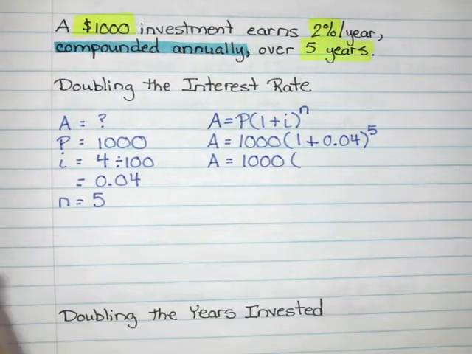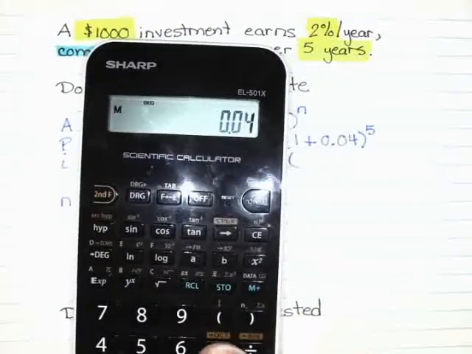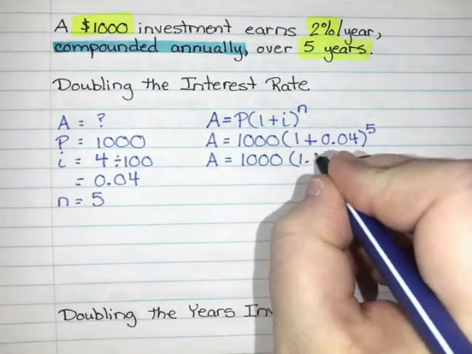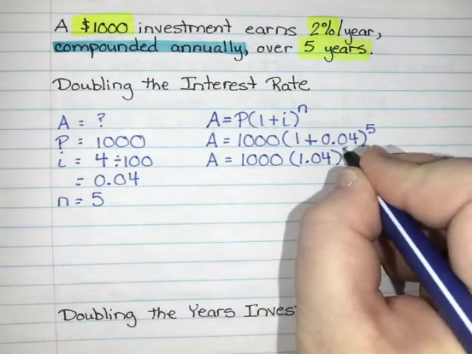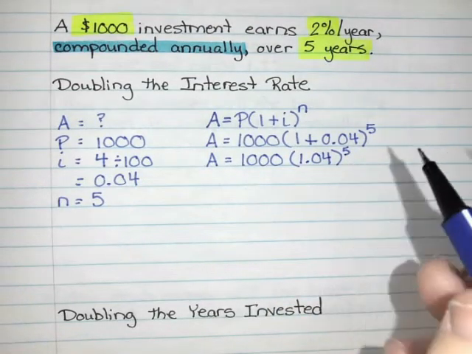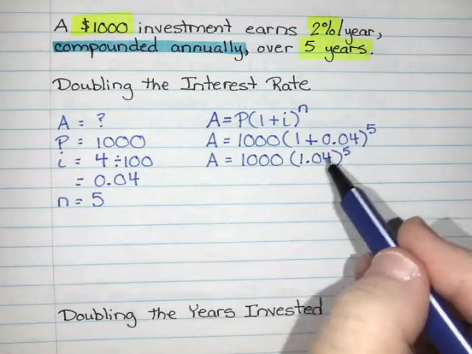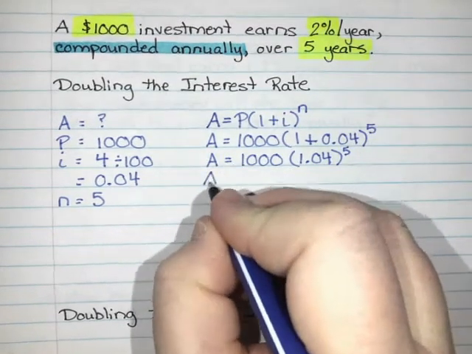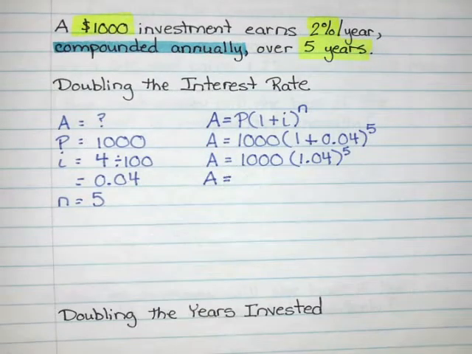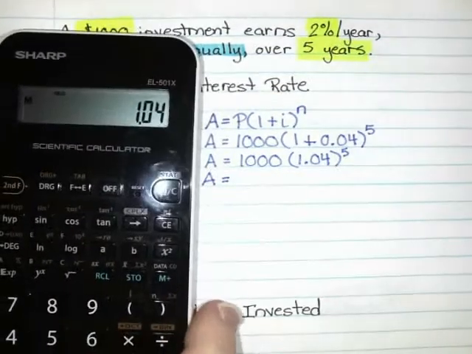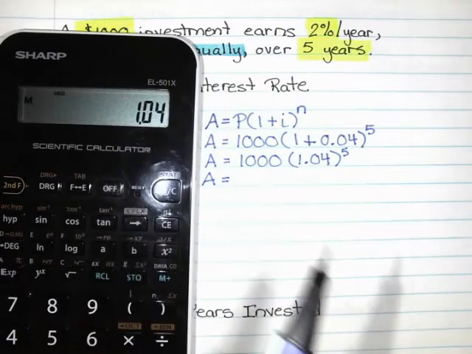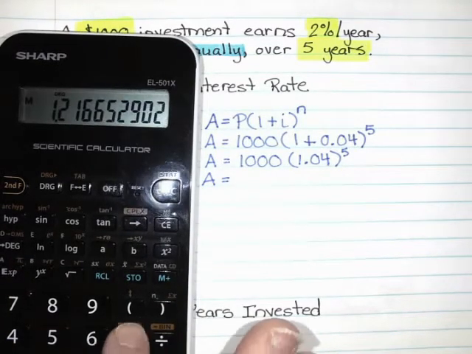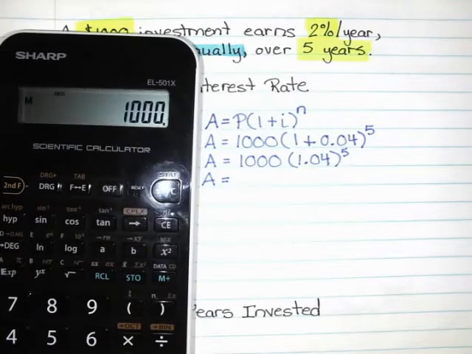So I get 1 plus 0.04, which is 1.04, and that is to the power of 5. Now, order of operations says we should do our exponent next, and then we would multiply, and I like to do both of those in the same step just to save myself having to write down any decimals. So I've got 1.04 to the power of 5, and then I'm going to multiply that by 1,000.